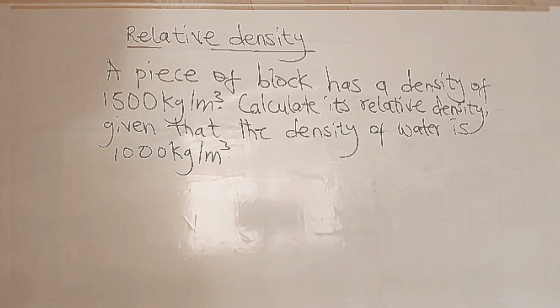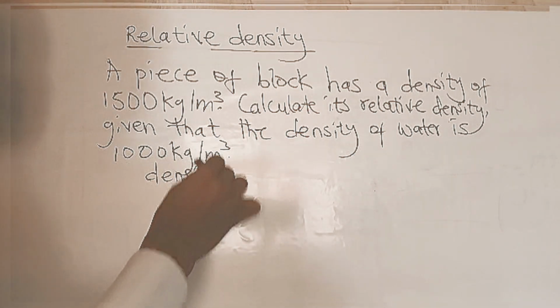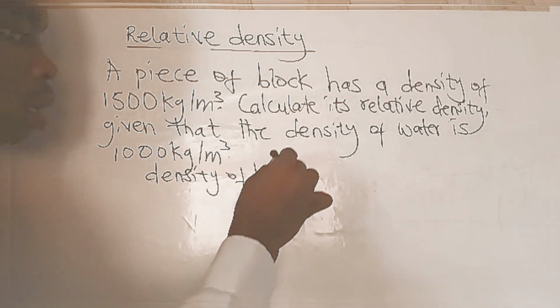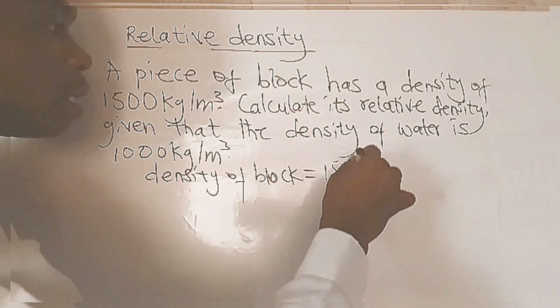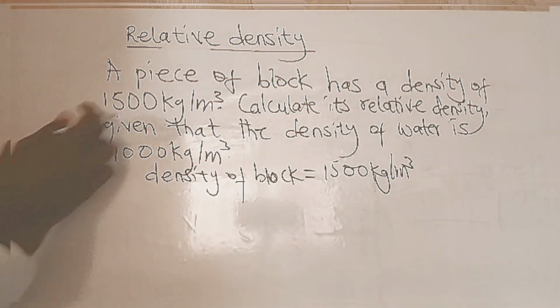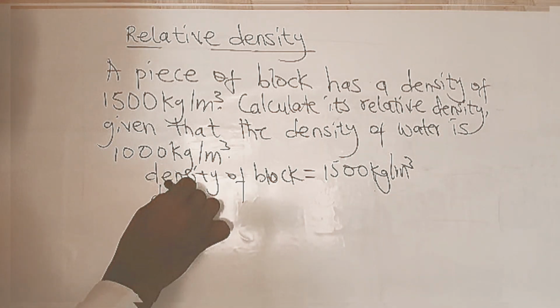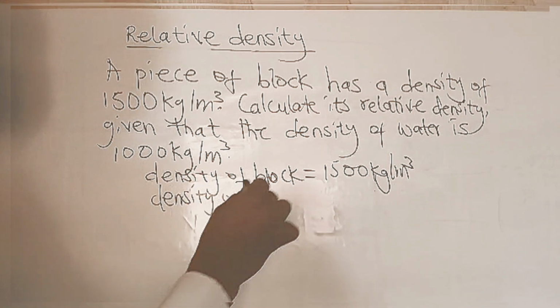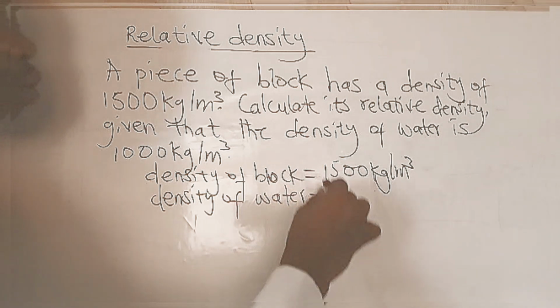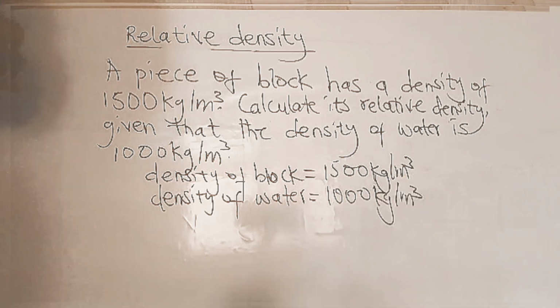With this question, we need to write the parameters out. The density of the block is equal to 1,500 kilogram per meter cube, and the density of water is equal to 1,000 kilogram per meter cube.